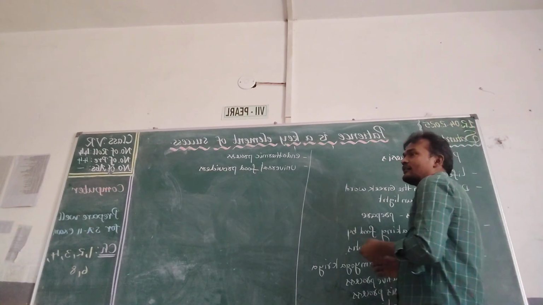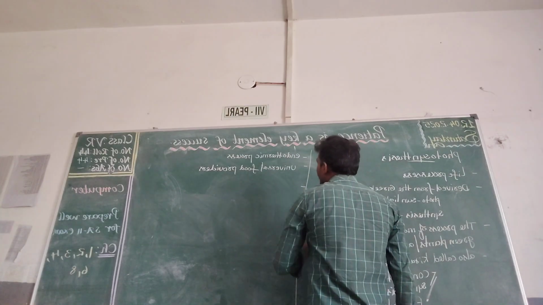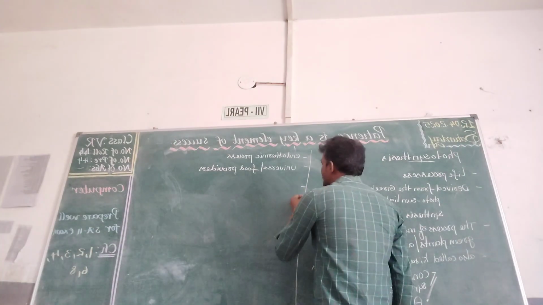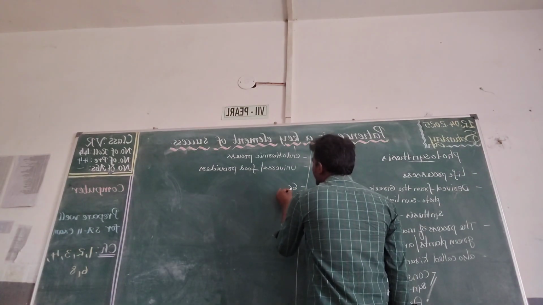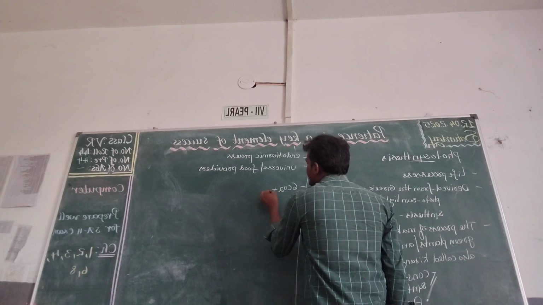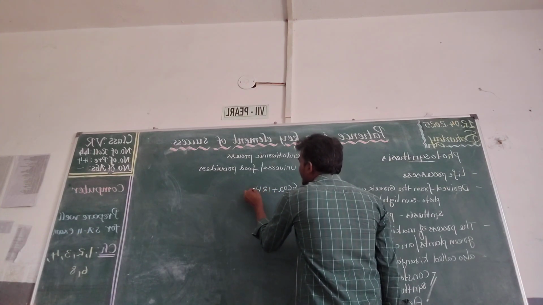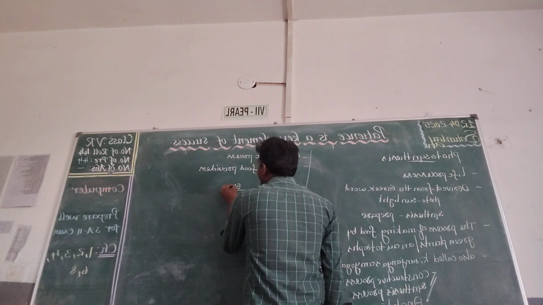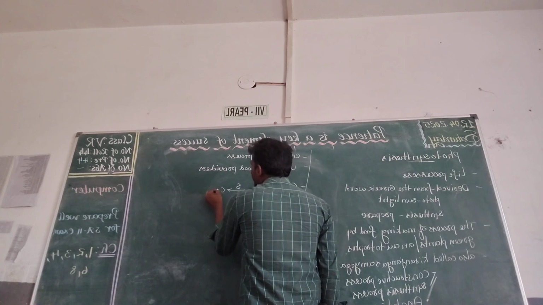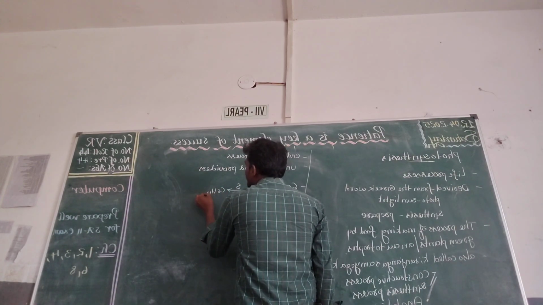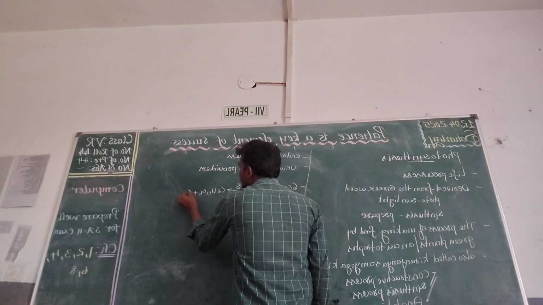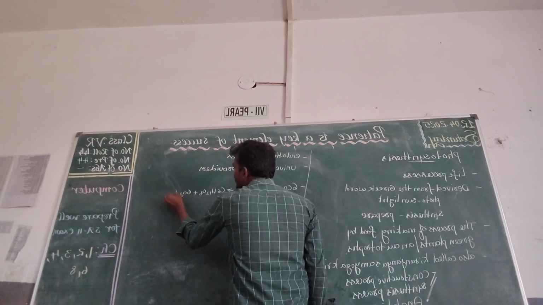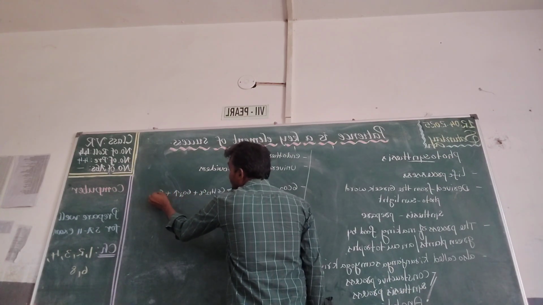So this is the chemical equation for photosynthesis, that is 6CO2 plus 12H2O gives rise, in the presence of sunlight and chlorophyll, to C6H12O6 plus 6O2 plus 6H2O.